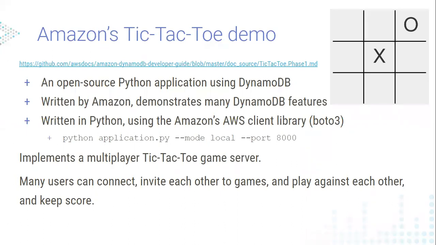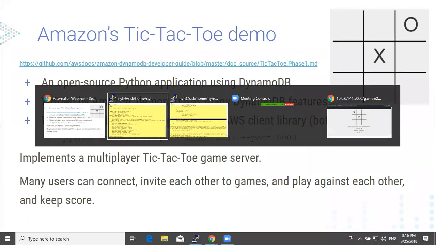It has secondary indexes and conditional updates and all sorts of things. So this is an interesting example because Amazon themselves wrote this demo, and it's nice to see that it actually works on Alternator. So I'll show you how it works on Alternator.